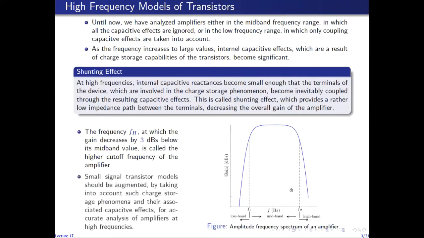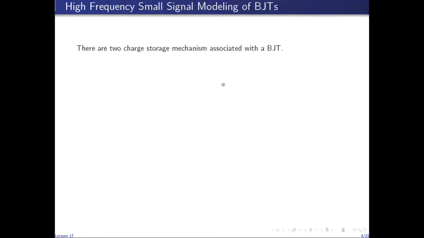So in order to analyze the amplifiers in this range of the frequency spectrum, we must augment the small signal models of the transistors by taking into account the charge storage phenomena that results in the associated internal capacitive effects. So I'll begin by augmenting the small signal model of a BJT with these internal capacitive effects.